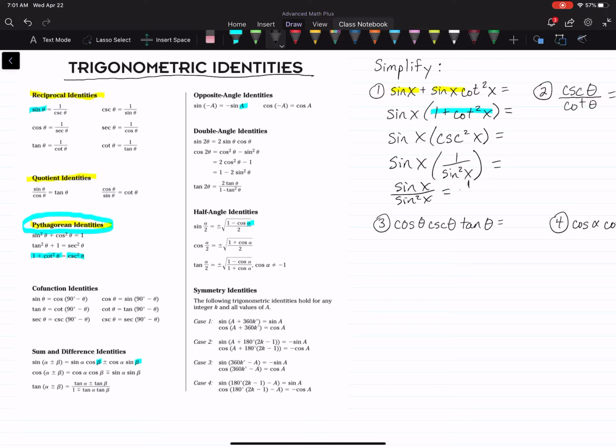Well, that is 1 over the sine of x. And like I just said, sine of theta is equal to 1 over cosecant of theta, so 1 over sine of x would be equal to cosecant of x. And now it is simplified. Let me erase all this so I can highlight if I need to.